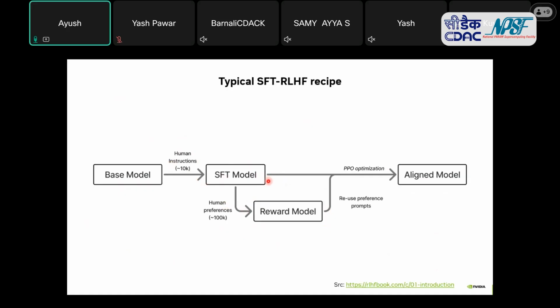Which output is preferred, A or B, is decided by this reward model. On the basis of this reward model, my supervised fine-tuned model is adjusted to give you a better human-aligned model, which is more highly rated by the user, so it's useful for the end users.